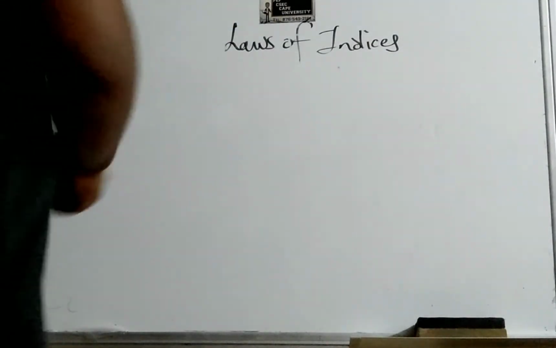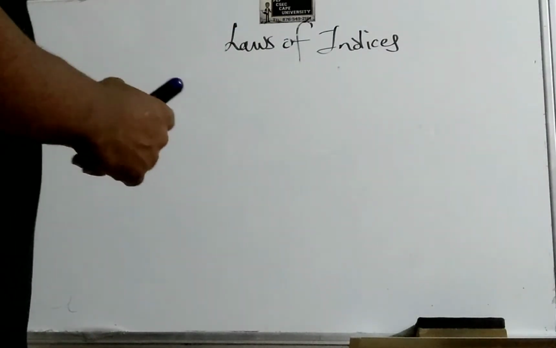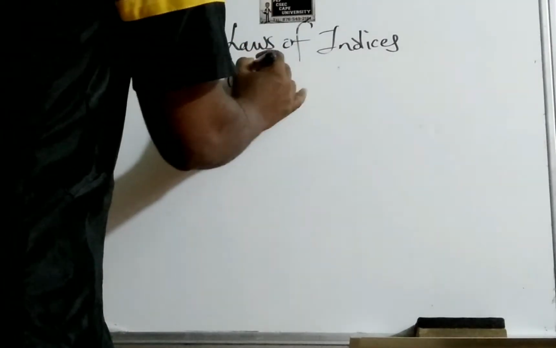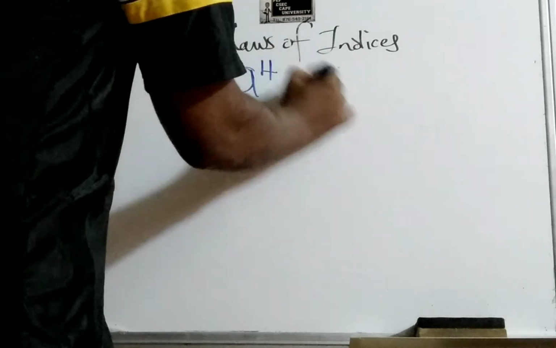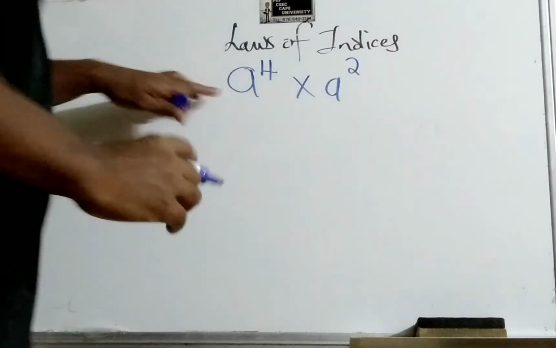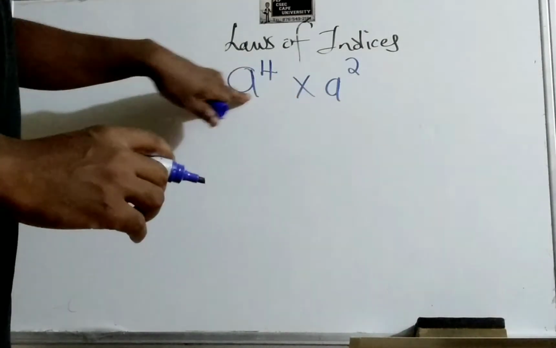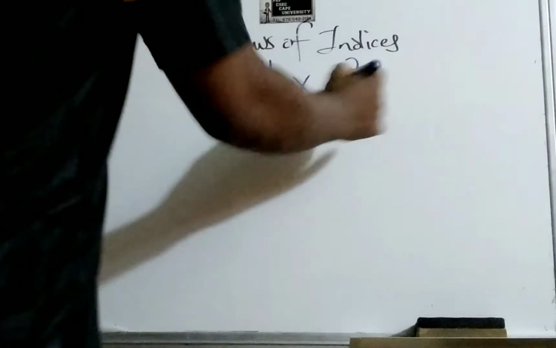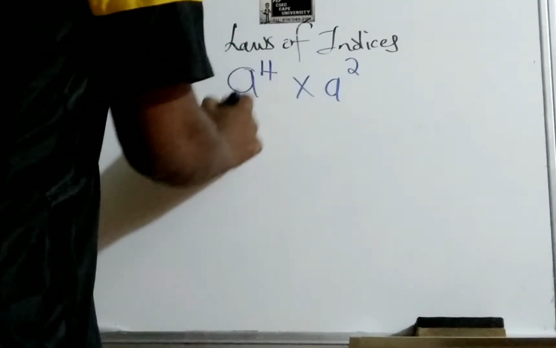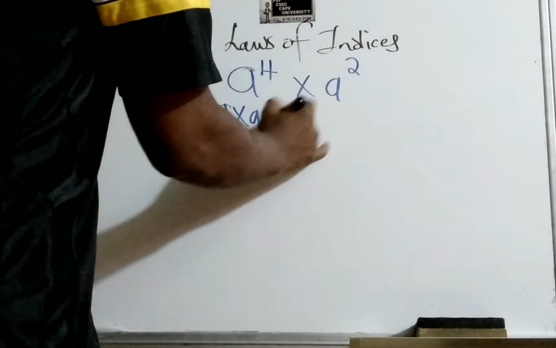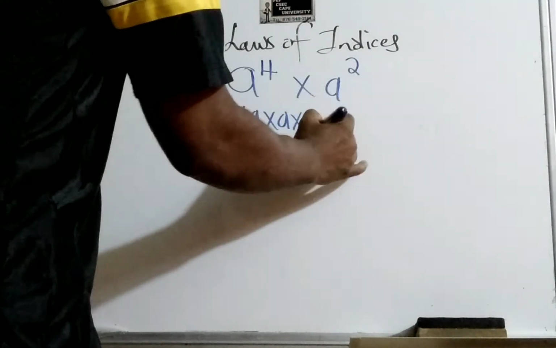The first rule, and one of the main ones, is multiplying. When we are multiplying, say we have a to the 4th times a to the 2nd. Once the base is the same, we maintain the base. So if it's a to the 4th, this means a times itself 4 times, it will be a times a times a times a.